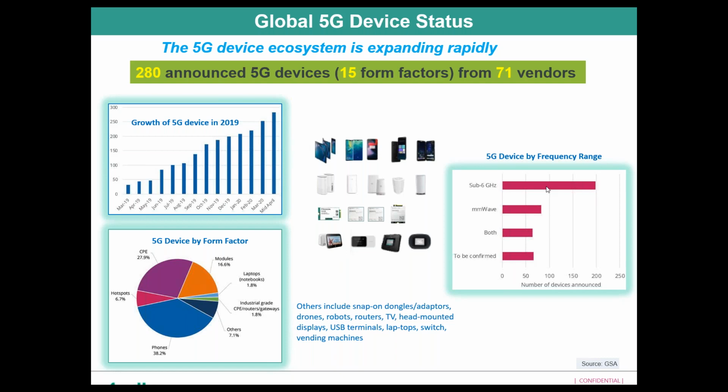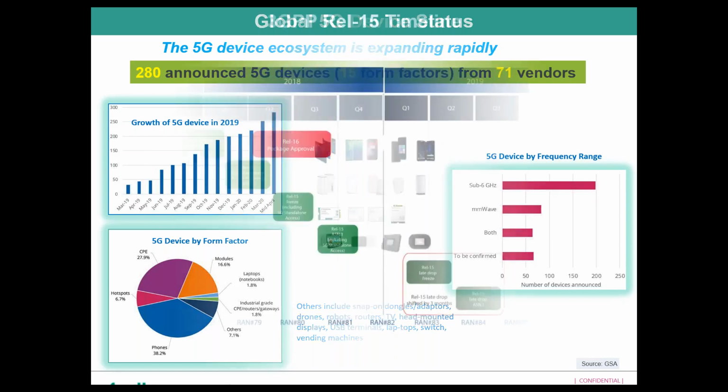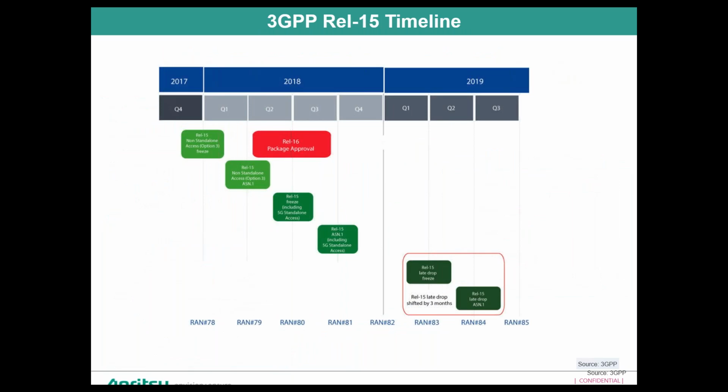Alrighty, so moving on, if we go into the 3GPP timeline, and look at where 5G all started, 5G pretty much started with what we call phase 1, which is release 15, right?